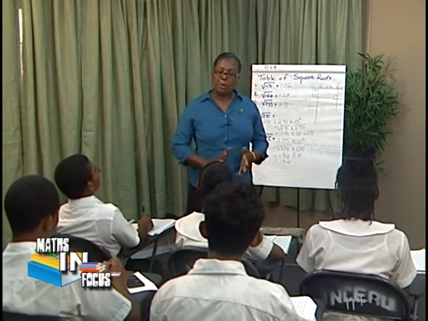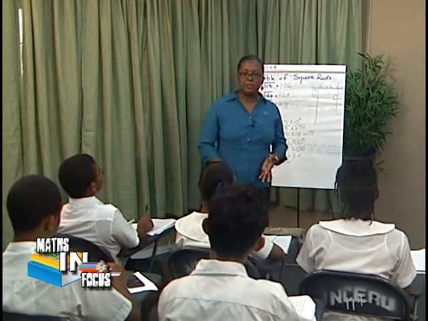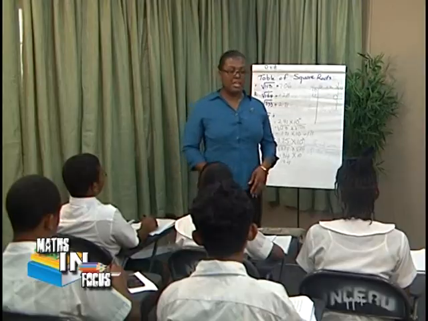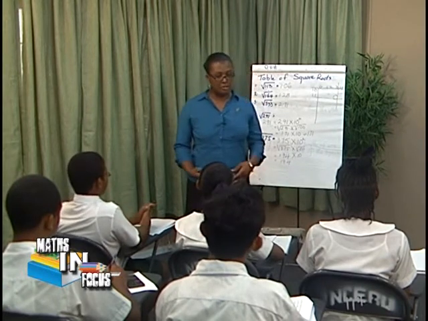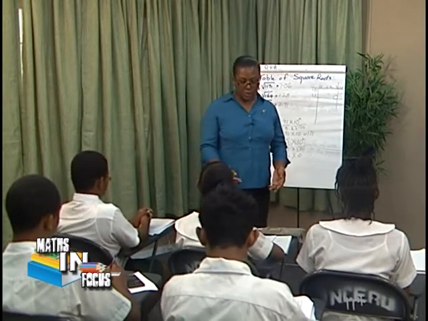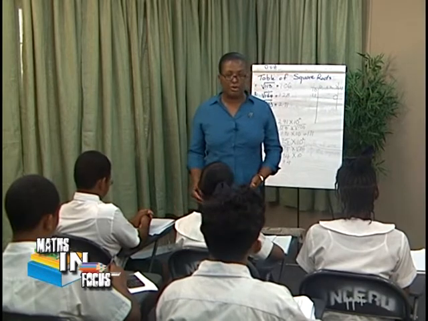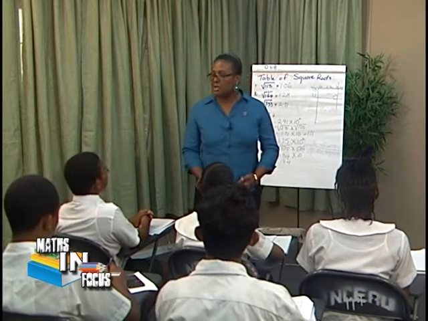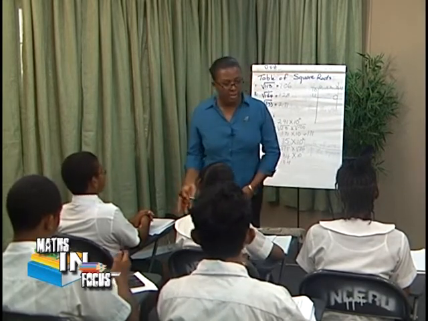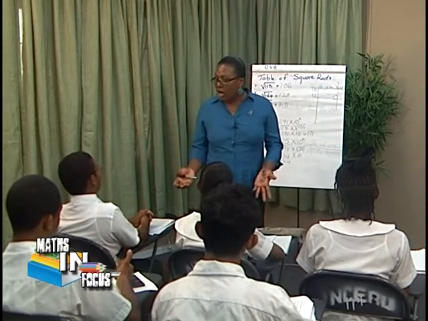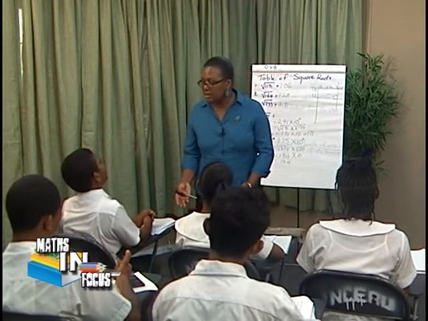Remember, we can square whole numbers, positive or negative, decimals, fractions, and mixed numbers. Even if the number is greater than 10, using the table of square numbers, we can apply concepts such as standard form and rounding off.